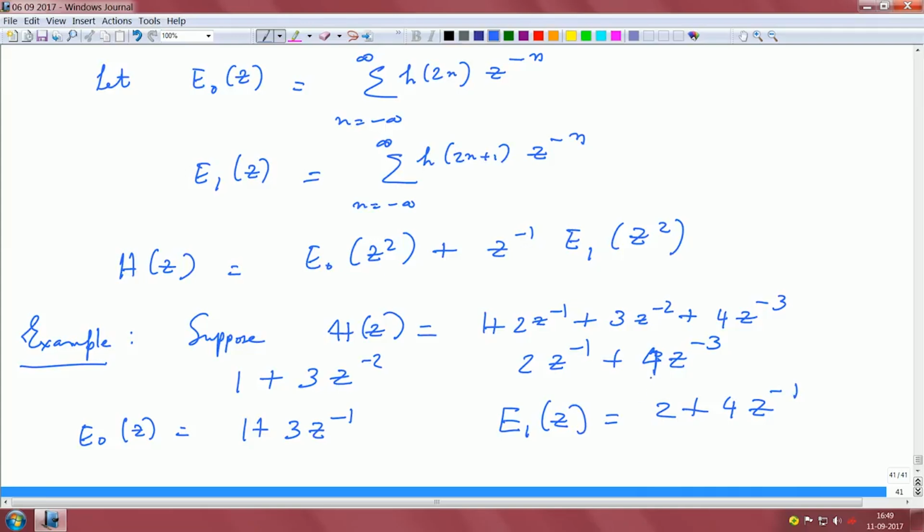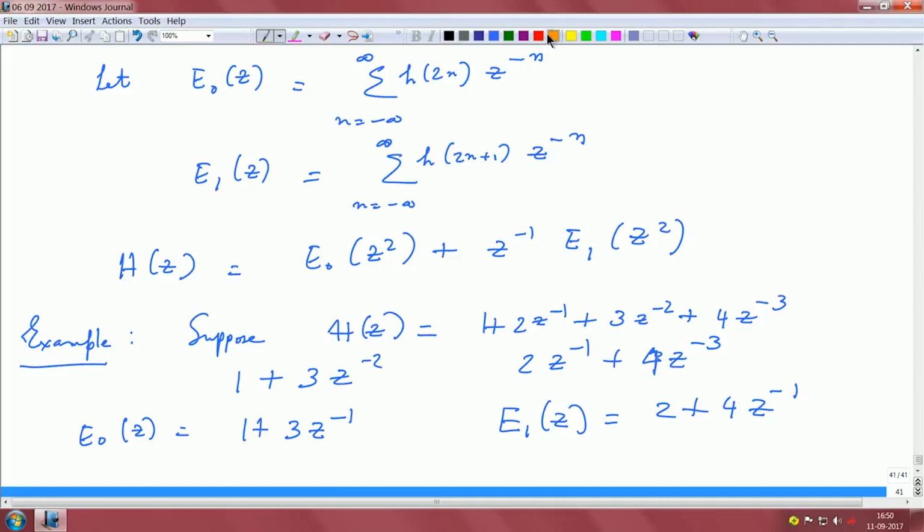E1 of z square will be 2 plus 4 z power minus 2 and z power minus 1 times E1 of z square will give you this, and then E naught of z square will give you this, right.